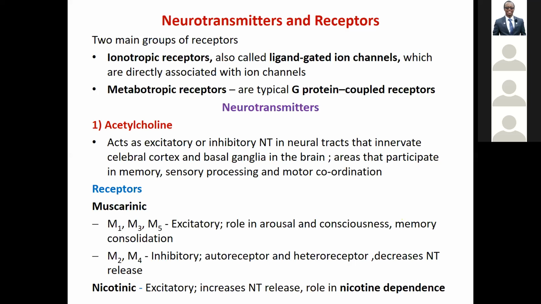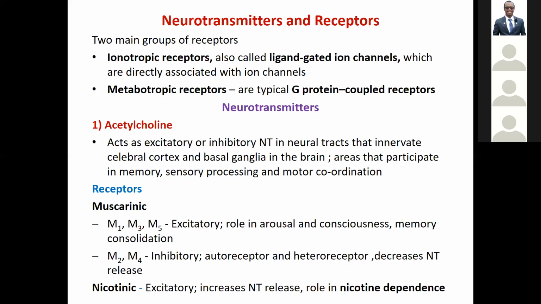What happens in the second messenger system is that the ligand that is binding to the receptor, the effect that occurs at the cell may have no relationship completely with the ligand.